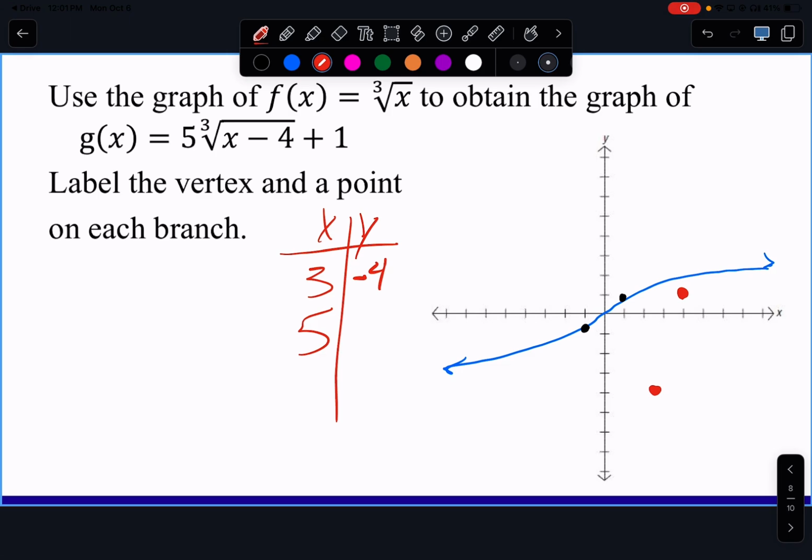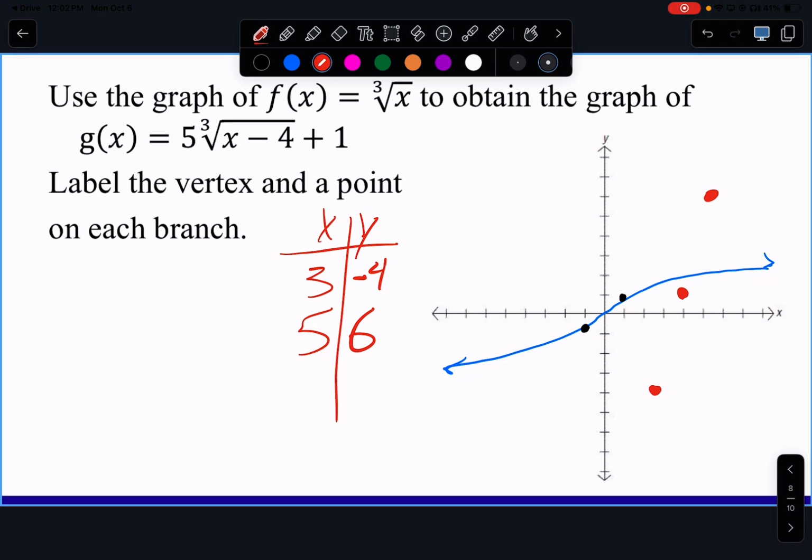Okay, you can see the distance right here. The distance between these two compared to this already is stretched by quite a bit, right? That's because of that 5. Okay, now let's do our 5. 5 minus 4 is 1. 1 cubed is 1 times 5 is 5 plus 1 is 6. So we're going to go over to 5, up to 6. Now again, we know that it's not a straight line because it's a cube root function.